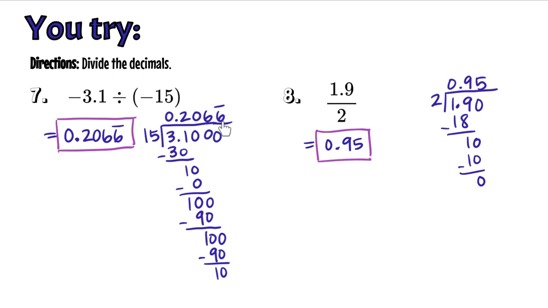So if we were rounding, the answer would be 0.207. In this case, I just wrote it as a repeating decimal because I saw that there was a pattern that was going to repeat, and it was going to continually repeat forever and ever and ever. Okay? So in number 8, again, we did not have to multiply because we already had a whole number. 1.9 divided by 2 is 0.95.